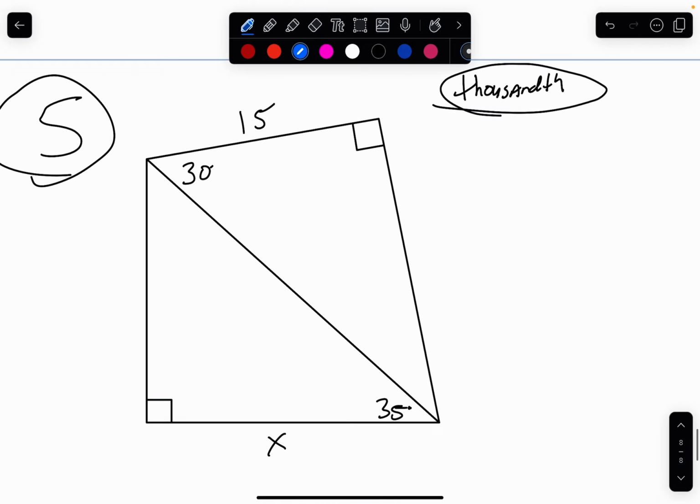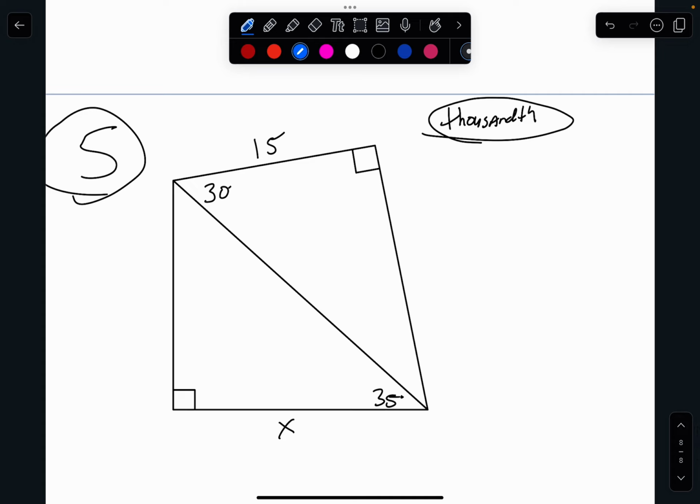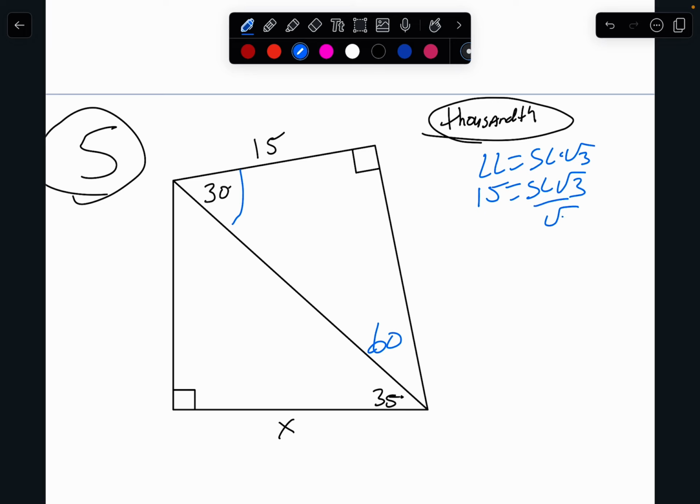And then one more, two triangles to work on. The first one's a 30, 60, 90, so I don't need my calculator. The side across from 60 is 15. So remember that the long leg equals the short leg times root 3. So if we take the long leg, that's 15, and that equals the short leg times root 3, divide by root 3.